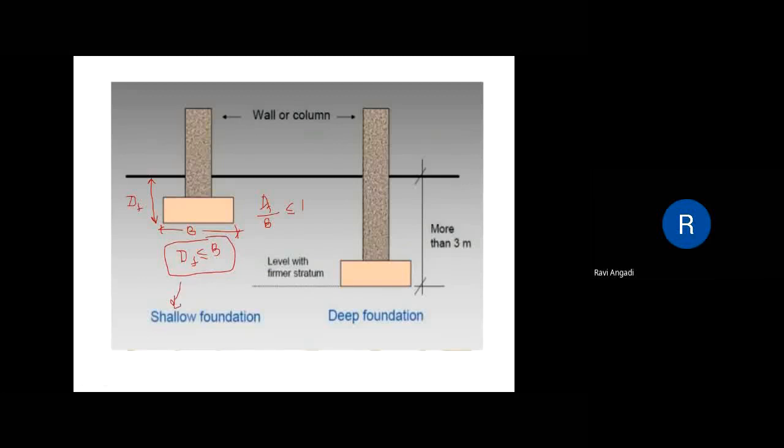If it exceeds the width, it is called a deep foundation. Generally, more than 3 meters is classified as a deep foundation. This is the wall or column resting over the footing, and the footing distributes the load uniformly, spreading it over a larger area. Is it clear?